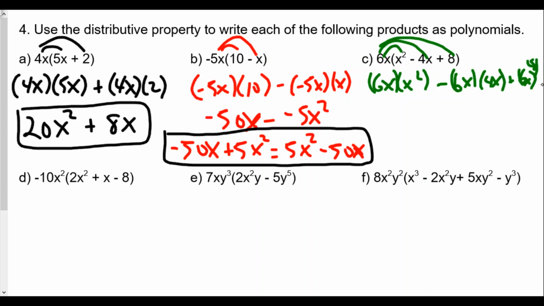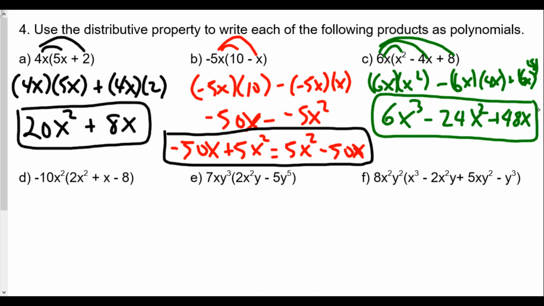Now 6x times x squared becomes 6x to the third, minus 6 times 4 is 24, x times x squared, plus 6x times 8 is 48x. It really helps to write everything out and to be focused about these things, ladies and gentlemen.